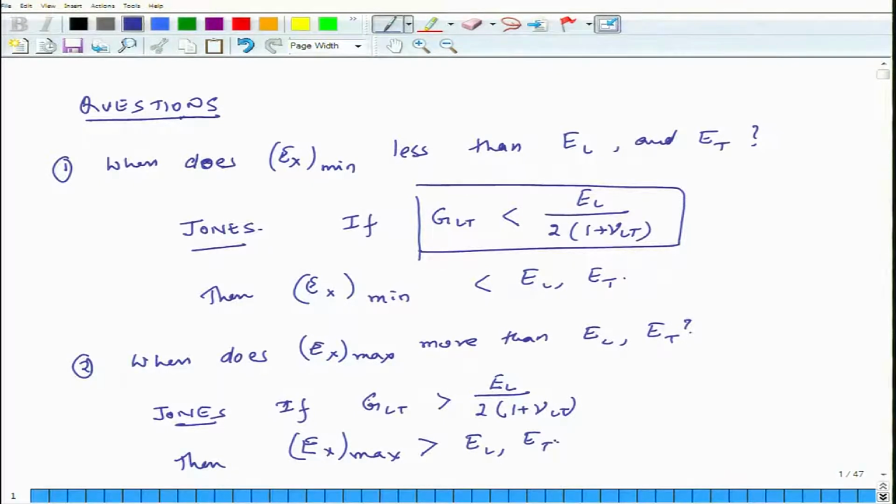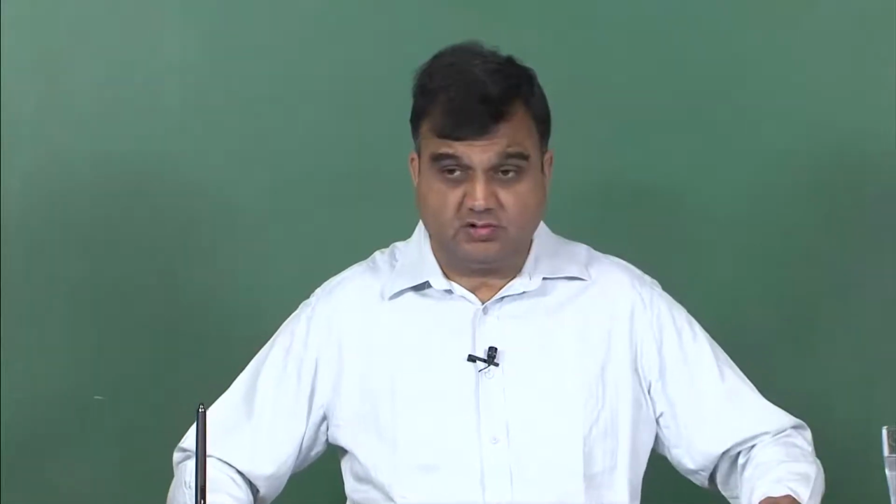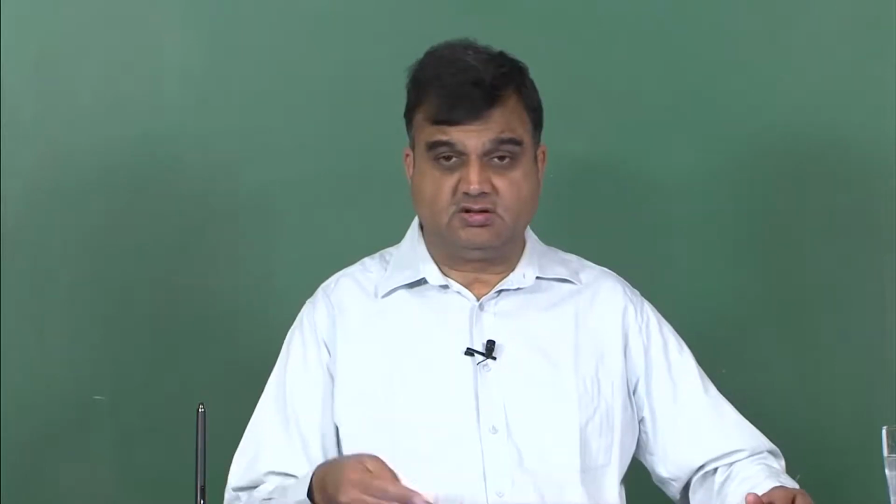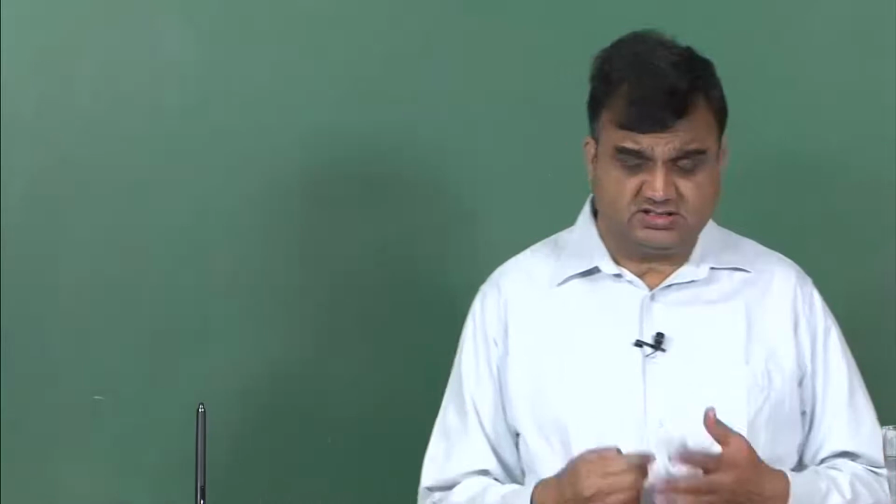Okay. So, these are two important conditions which help us understand what could be the extreme value of Ex, the extremum for Ex. And how do they get it? This is based on mathematical analysis, not very complicated analysis, but we will not discuss this at least in this class.